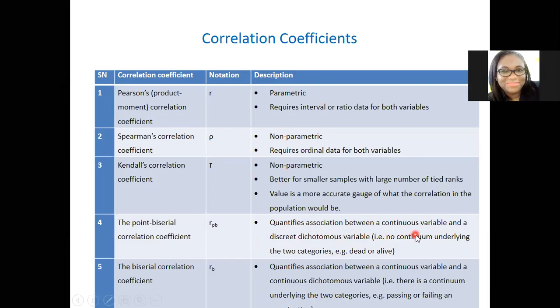Discrete dichotomous variable: no continuum on the line, dead or alive, male and female. Then look at the second one, a biserial correlation coefficient, which quantifies association between a continuous variable and a continuous dichotomous variable. For a continuous dichotomous variable, there's a continuum underlying the two categories, like passing or failing an exam.